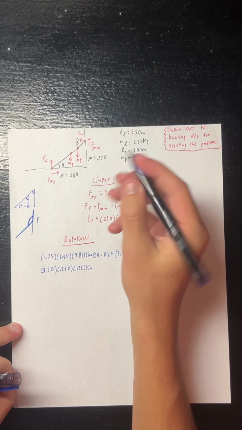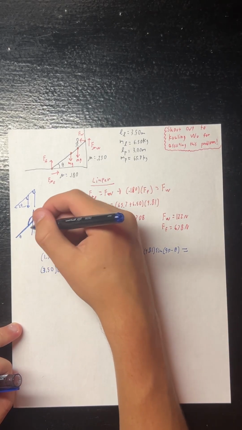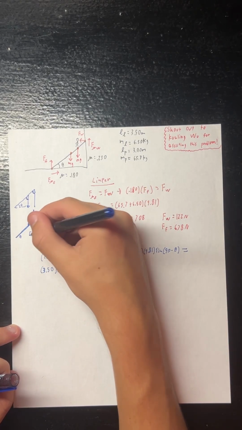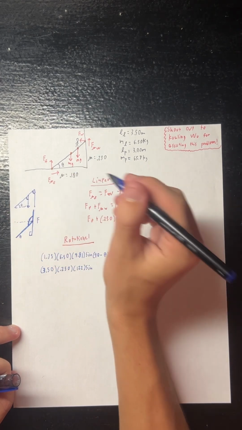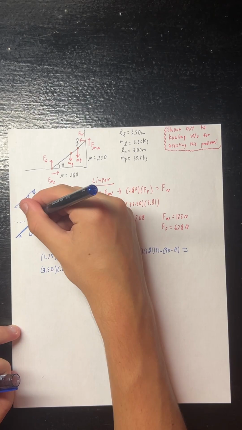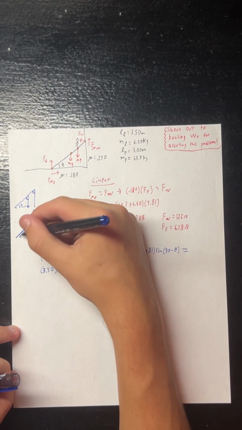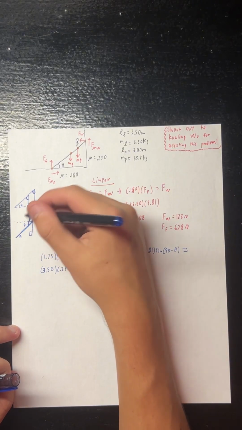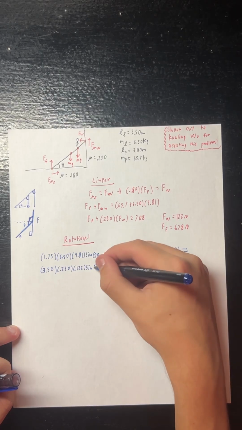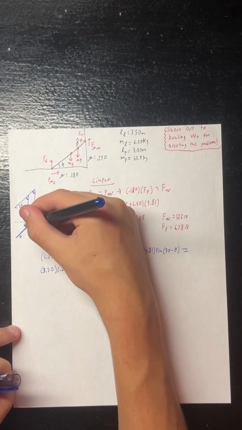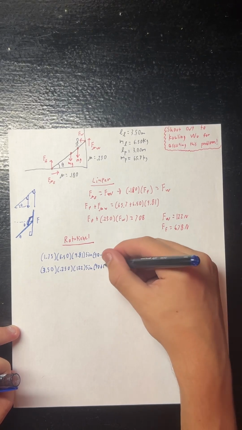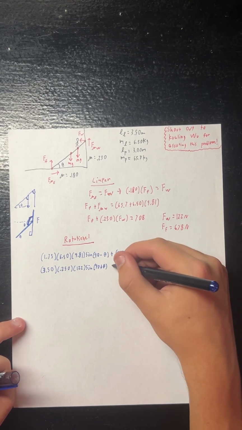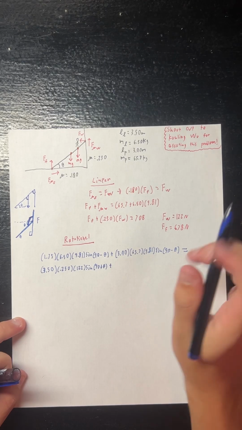We know that this is theta, and this makes a 90-degree angle, and we know that this is theta due to alternate interior angles. So we can do 90, that's what this is, plus theta to find this big angle. So 90 plus theta, and we are going to add that with the other rotational force.